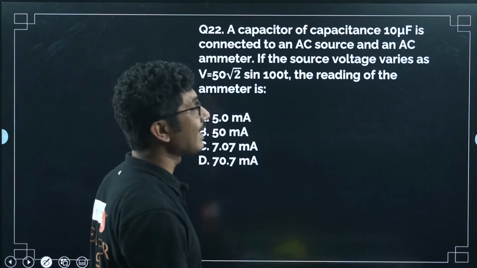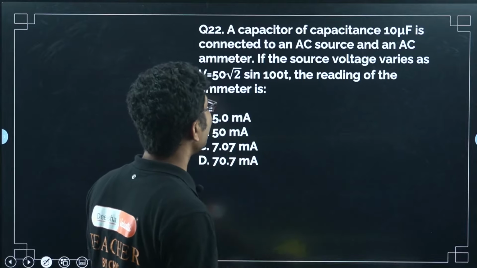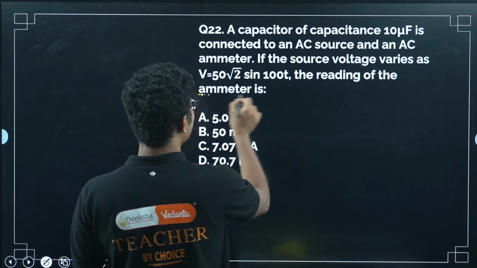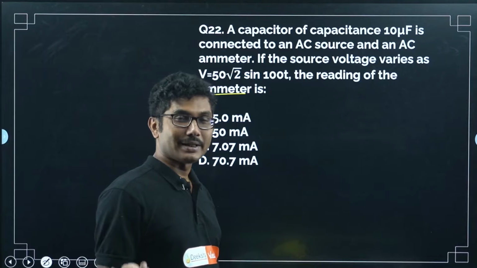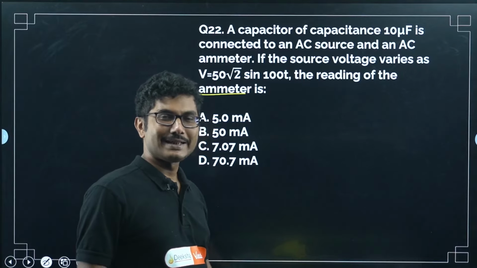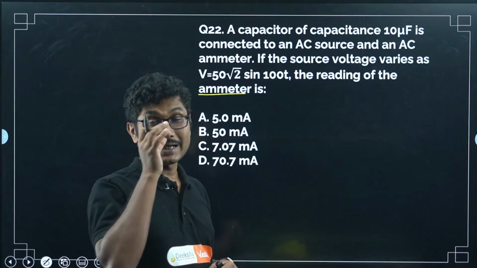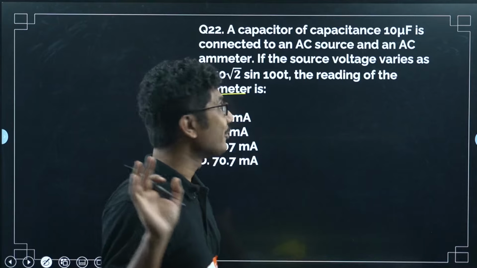Any AC device can measure only the RMS values. So we have to find the RMS current. Don't get scared by the AC ammeter. Any ammeter connected in an LCR circuit can measure only the RMS value. It is nothing to do with anything else.